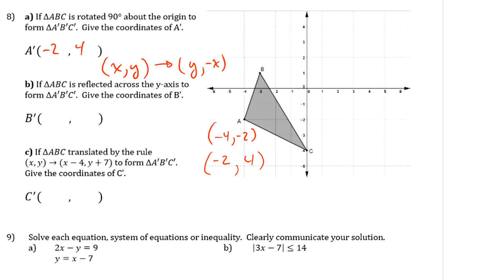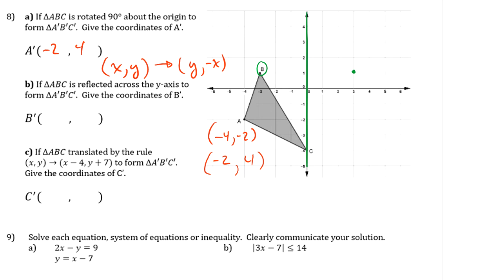The next one I think is a lot more simple. Part B says if triangle ABC is reflected across the y-axis, so here's my y-axis, this is the thing that I reflect across. Give the coordinates of B prime. Well, I can see where B is, and if I reflect that across, it's going to go over to 3, 1.